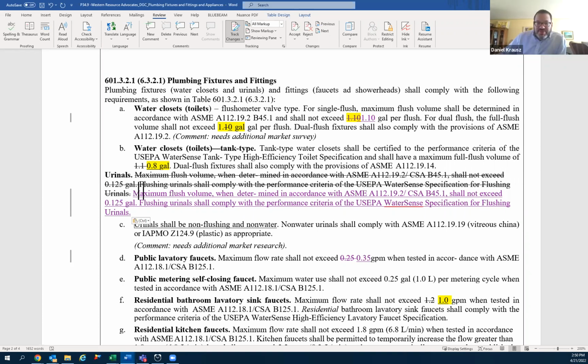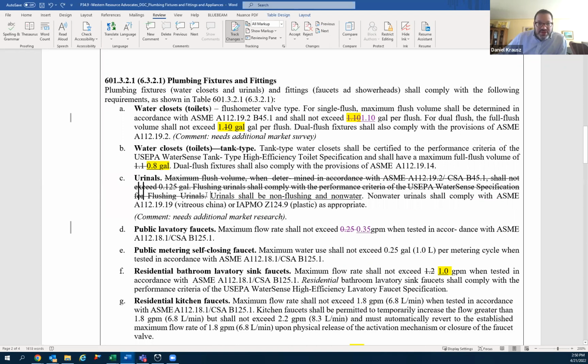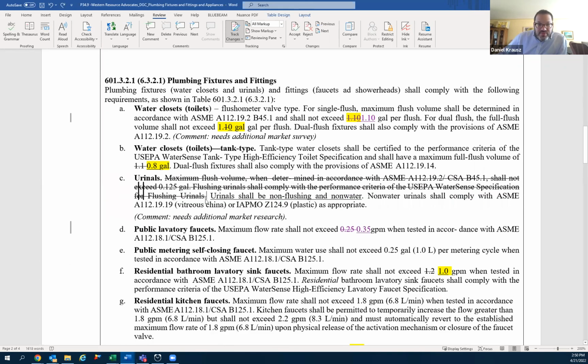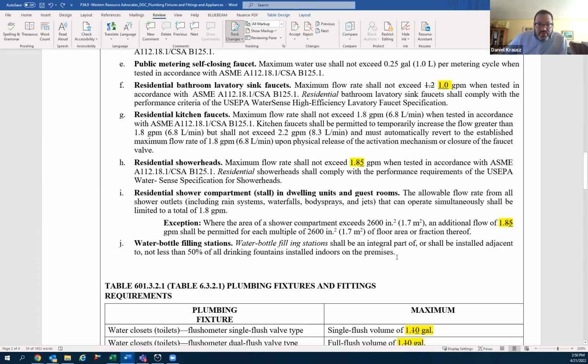Well, first to complete what Renee brought up, if Adam's okay with it, we could look at the drinking fountain water bottle language. I don't see it currently up. If we could change, if Adam's okay, we would change that to not less than one water filling station at each drinking fountain location, is what I understood Renee is looking for.